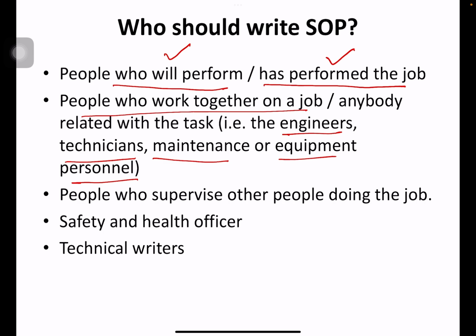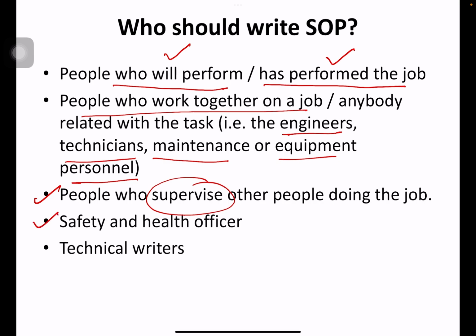Number 3 here, people who supervise other people doing the job. Let's say you want to make sure that your subordinate is performing the task correctly, meaning that you are supervising his or her job, then to make sure that they are following the correct procedure or process, you need to write the SOP.